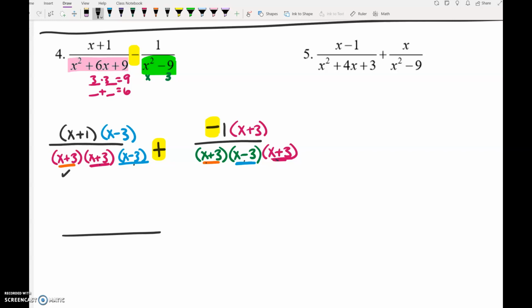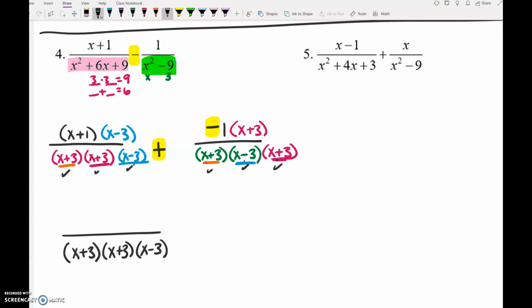And if you need to go back and check, there's x plus 3, x plus 3, x minus 3. I've got all three of them in both denominators. So my common denominator is x plus 3, x plus 3, x minus 3. The order that you write those does not matter.